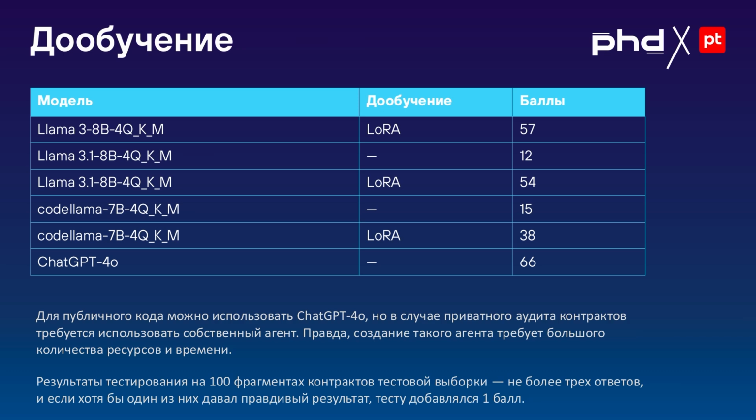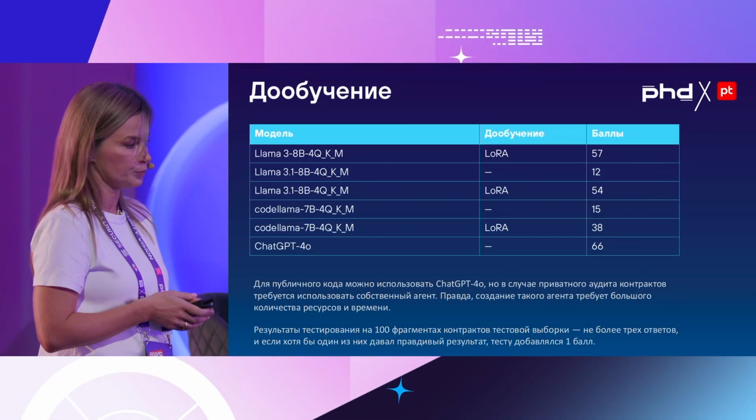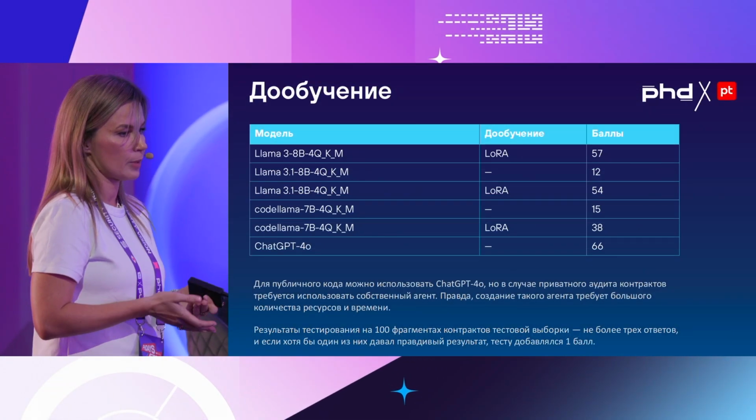I can tell you that ChatGPT-4 gave the best results here, 66% of positives. It's much better than all other LLMs, although even 66% is not enough to use it on its own.